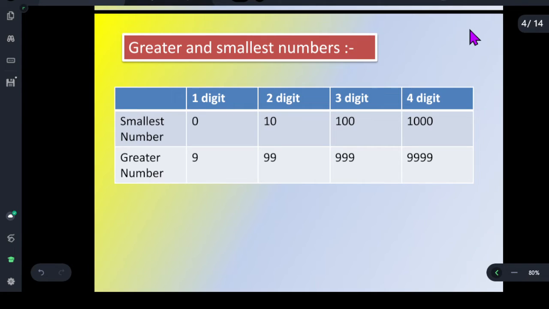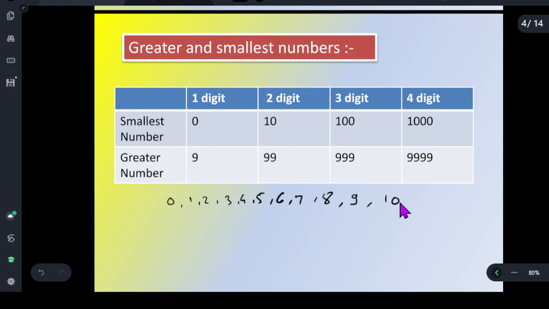Okay. Next, how to find the greatest and smallest number. Which is the greater number and which is the smallest number. So first we will see for one digit. Suppose I ask you to write numbers continuously. You will write from 0, 1, 2, 3, 4, 5, 6, 7, 8 and 9.